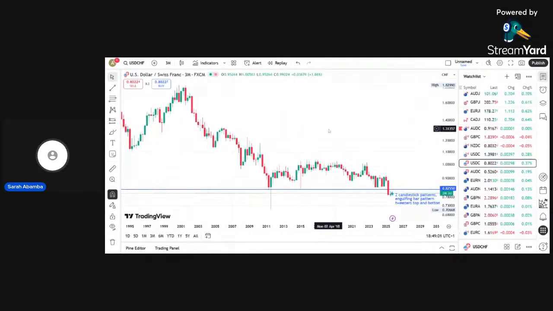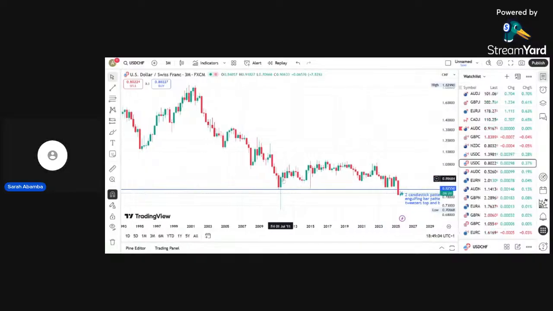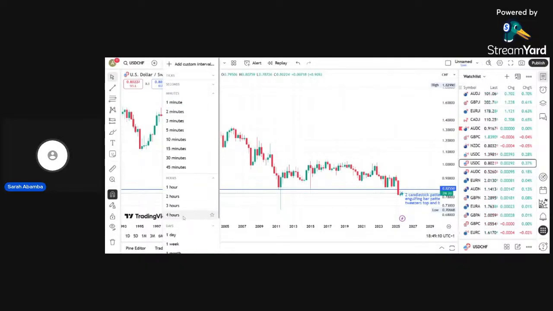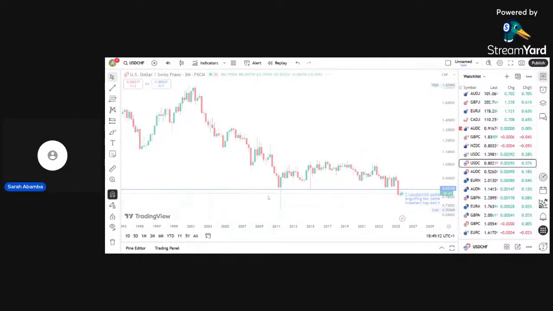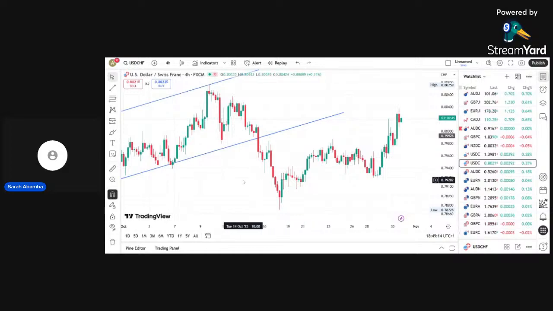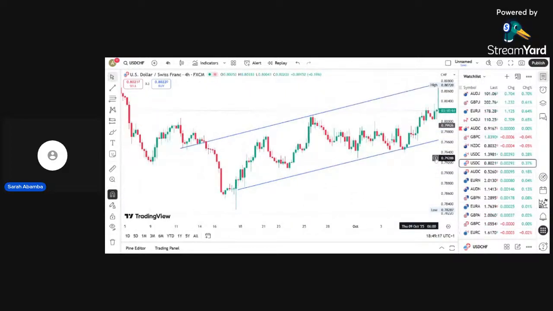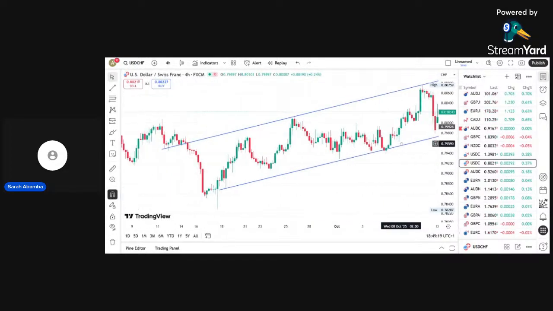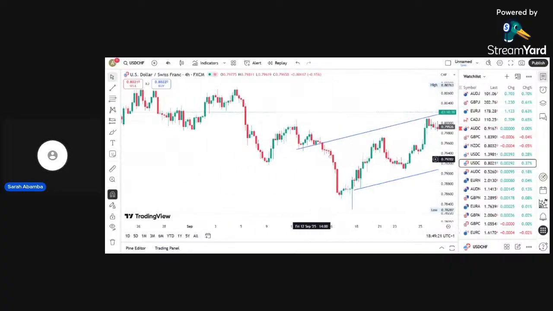It's a very beautiful bullish timber that was from there. So let's go to a lower time frame, let's say 4 hours. These were all given timbers.